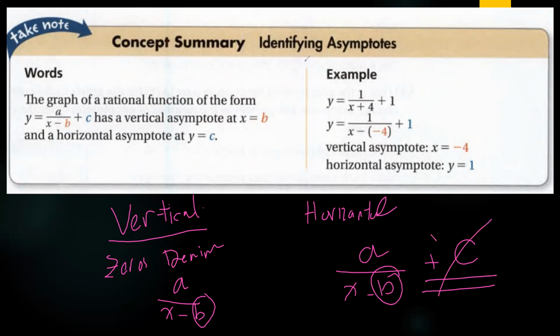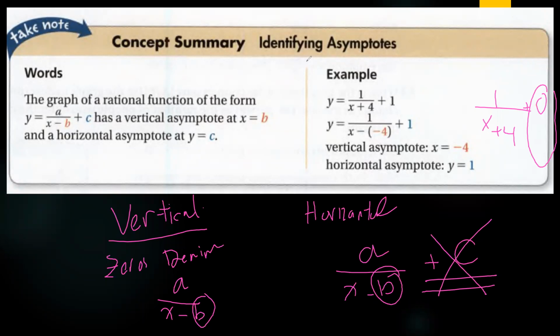If there is no c, it will be like 1 over x plus 4, so it's like 1 over x plus 4 plus 0. That means the horizontal asymptote is at y equals 0, and the vertical at x equals -4.